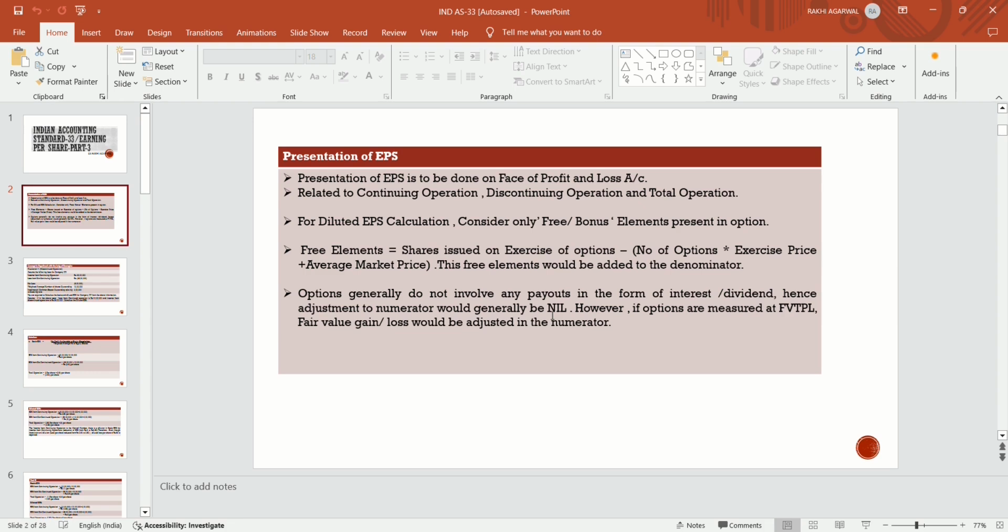Means in case the option does not involve any payout like interest or dividend, then no adjustment is required in the numerator. But if the options are measured at fair value through profit and loss account, and if there is any gain or loss, then it should be adjusted in the numerator in order to calculate the diluted EPS.